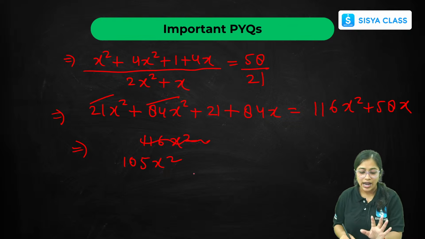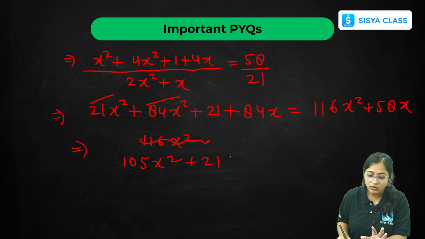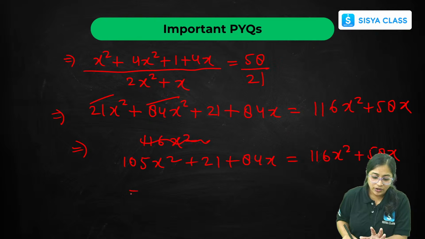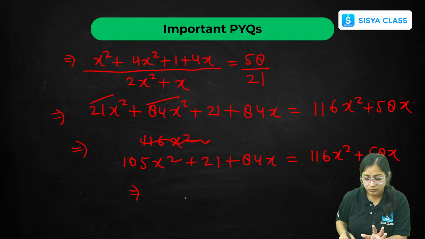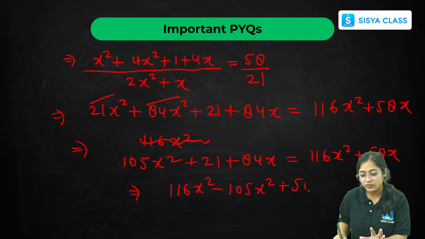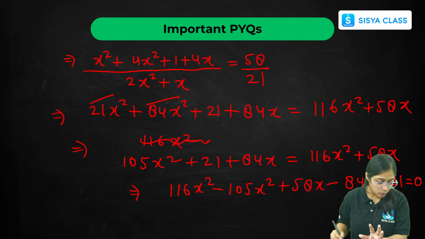Then you have 21 plus 84x, equal to 116x square plus 58x. Now just simplify it. So it is 116x square minus 105x square, then plus 58x minus 84x, and minus 21, equal to 0.